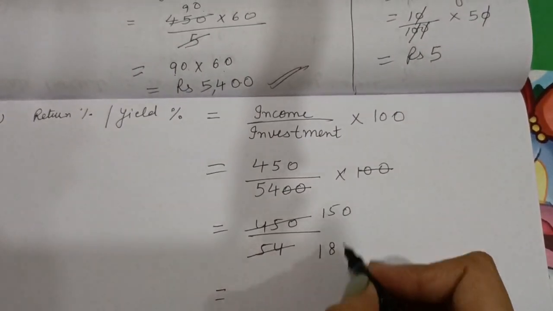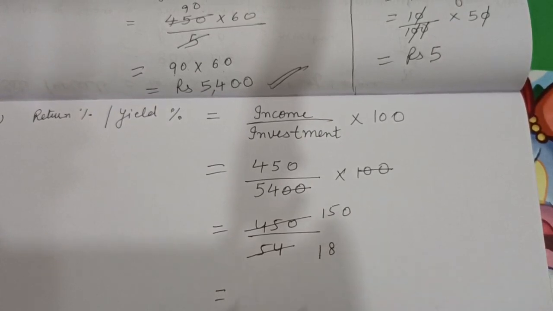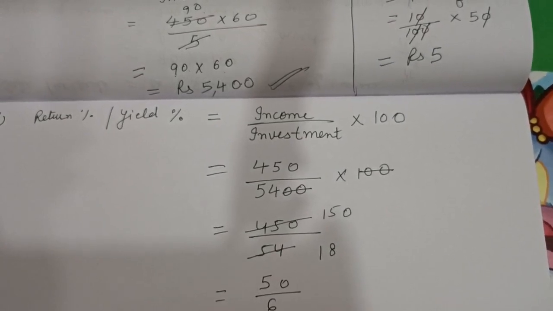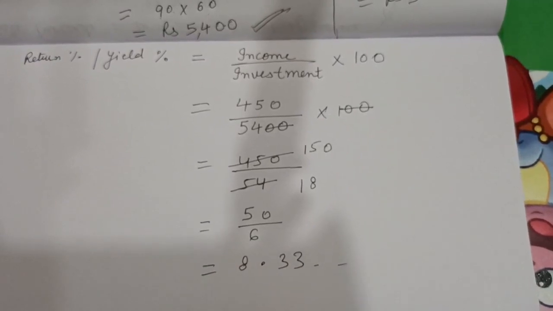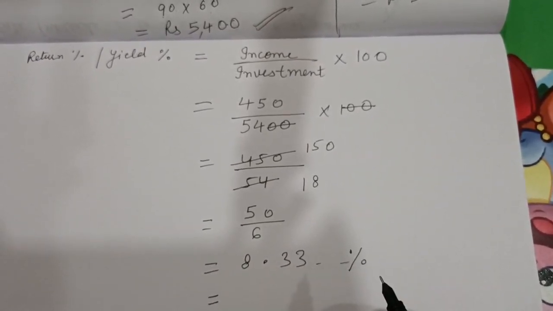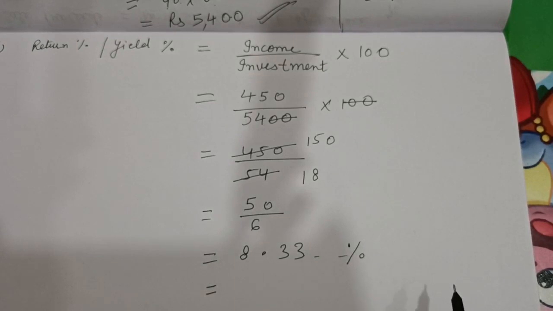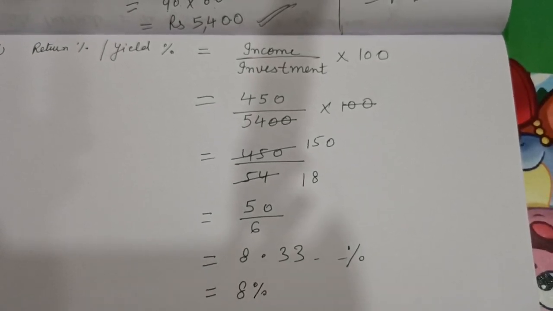So when we are doing this cancellation, we will get 50 by 6. Again when we are dividing this, we will get this as 8.333. It's continuation. So that means this return profit we are getting, but in question it's mentioned find this to the nearest whole number. So 8.3 to nearest whole number, if we do, it is 8%. So with this this question is also completed.